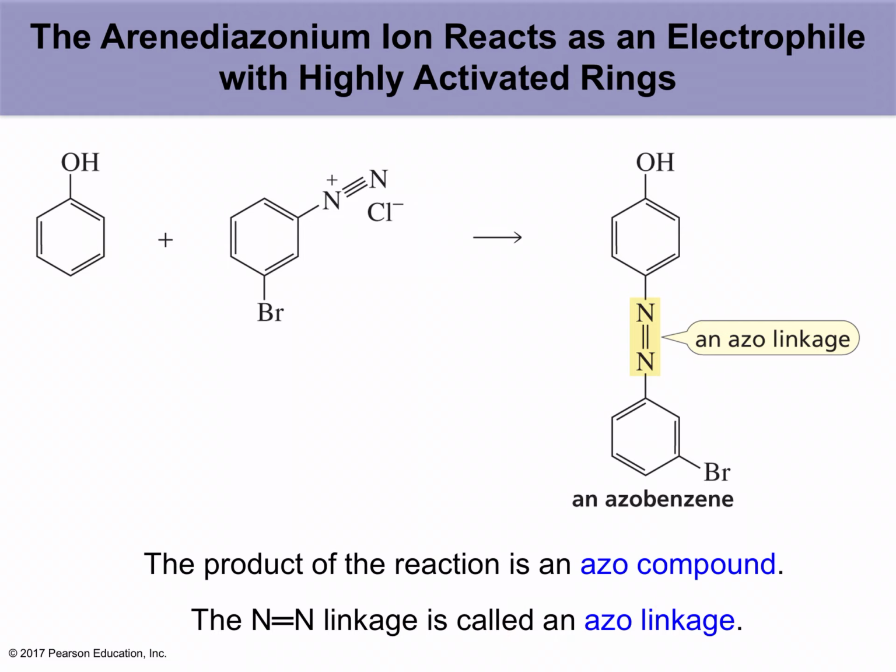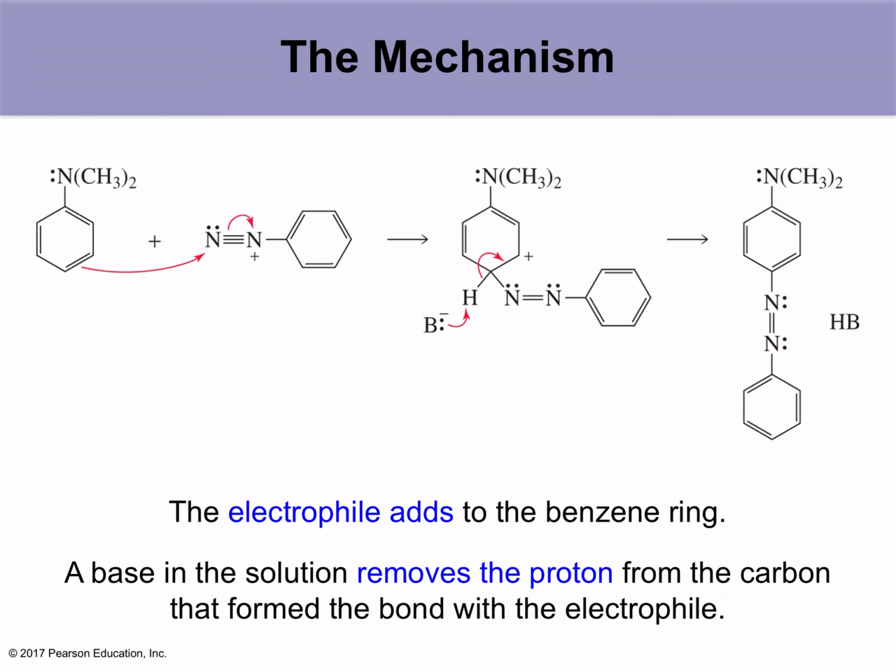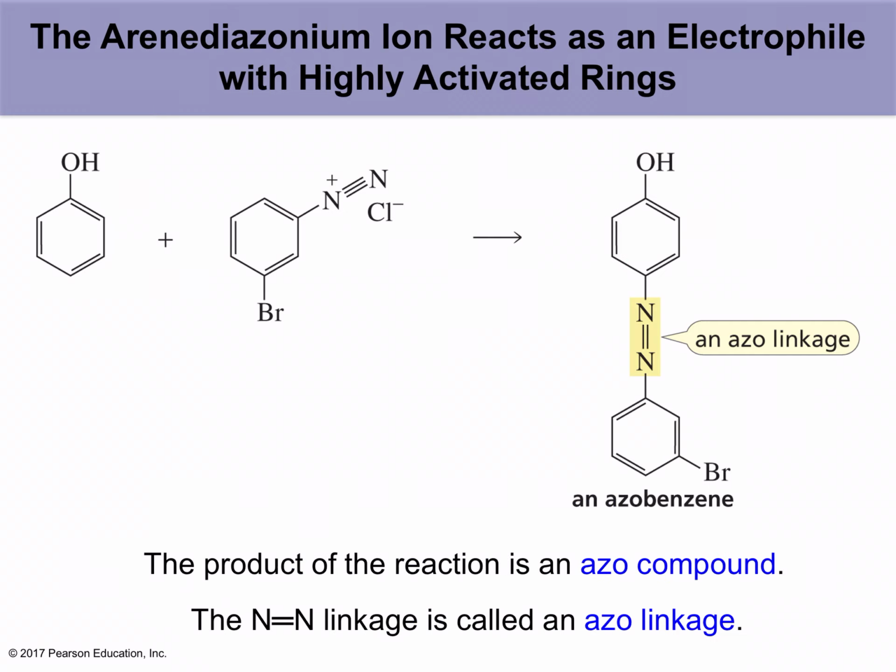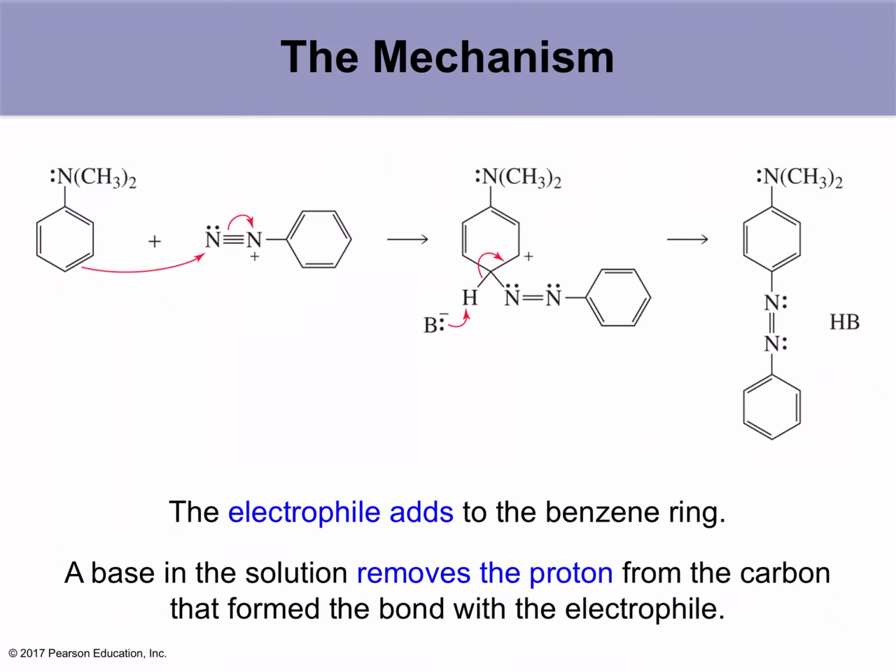Here, let's look at the mechanism, how it happens. The mechanism, highly activated ring. So in this molecule, you have an alkylated nitrogen, a tertiary nitrogen group over here. That is also highly activating, and over here what we have is OH. They both are strong activators. Okay.